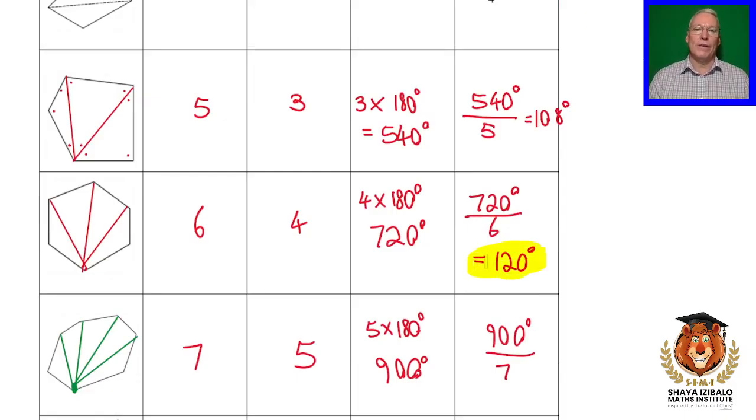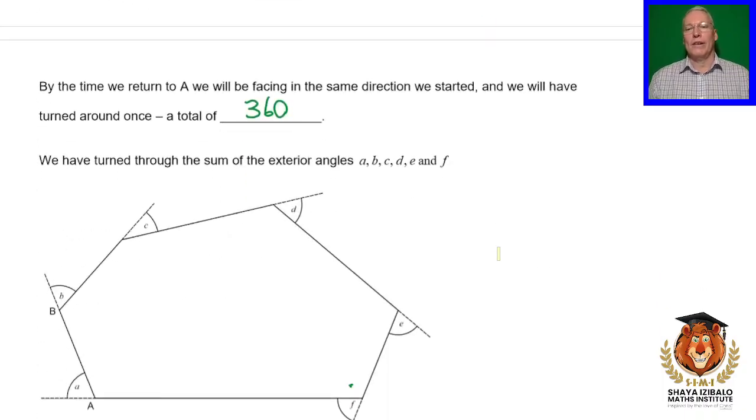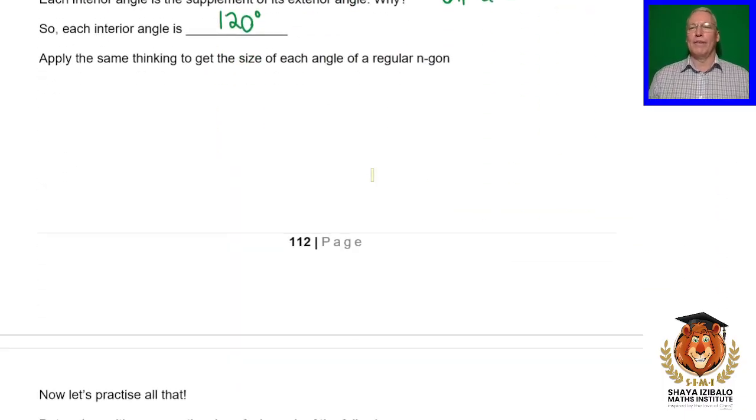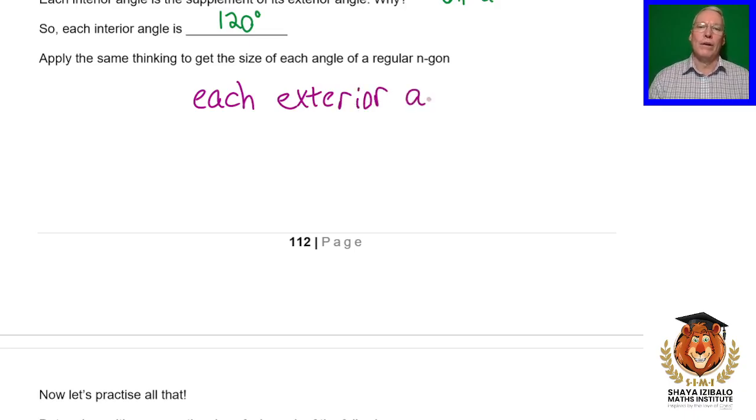Okay, this is just an extension exercise. It's not that important, but it's interesting. All right, and if we did the same thing for an n-gon, in other words, n-sided, then each exterior angle, remember all the exterior angles add to 360 degrees, would be 360, remember there are n angles, so 360 divided by n.